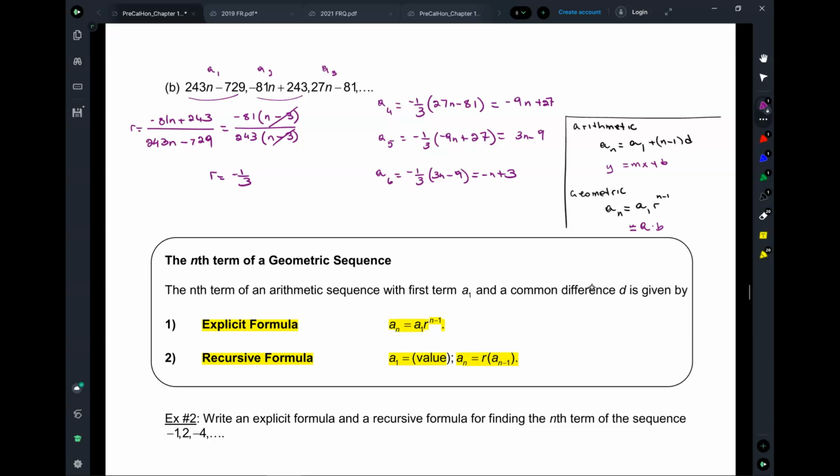And then AN always changes. When N is 1, A is 3. When N is 2, A is 6. N is 3, A is 12. So this is changing. We'll call this Y, and we'll call this X. Do you see how the formula for the geometric sequence is an exponential formula?